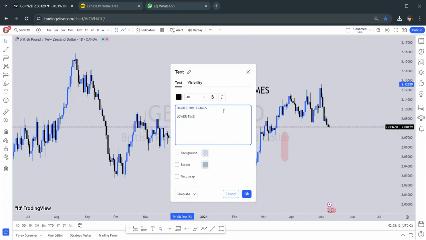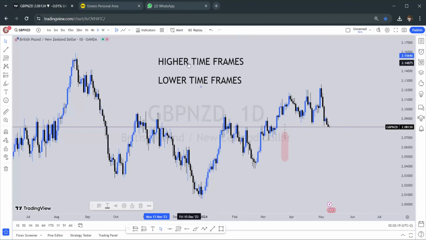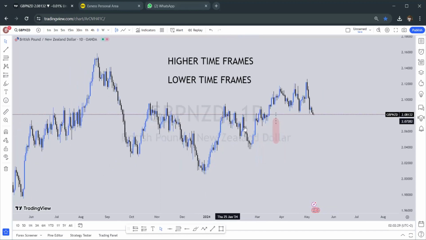You understand? So you're meant to understand this. Now we're talking about higher time frames. Like I said, GBP NZD 1D is a higher time frame.